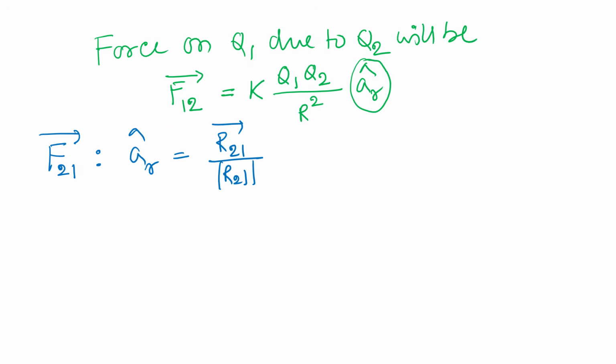Okay, unit vector, we all know that any unit vector, for example a cap, is nothing but a vector divided by magnitude of a vector. So here we have represented that same thing, r cap, because we are talking in terms of distance, r21 or r. So this r cap is nothing but r21 vector divided by mod r21.